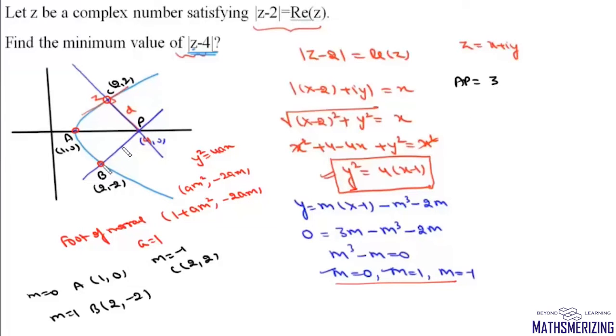And from symmetry we can say that BP must be equal to CP, and this value will be under root of 2 square plus 2 square, and that should be 2 root 2. So the minimum value of |z minus 4| will be simply 2 root 2, and that is the answer to this question.